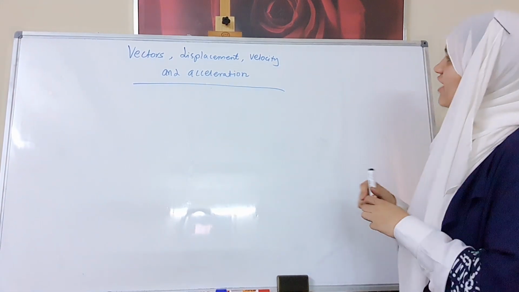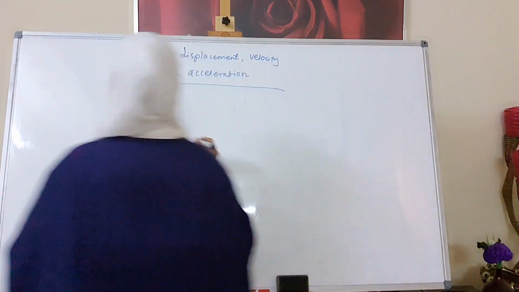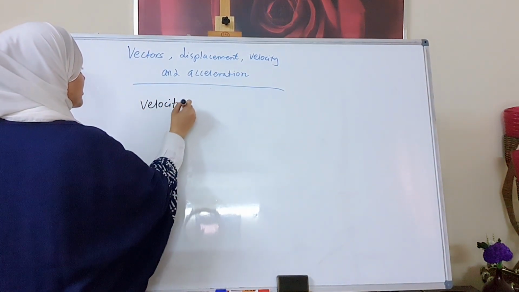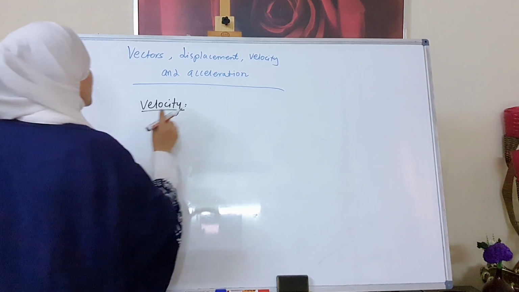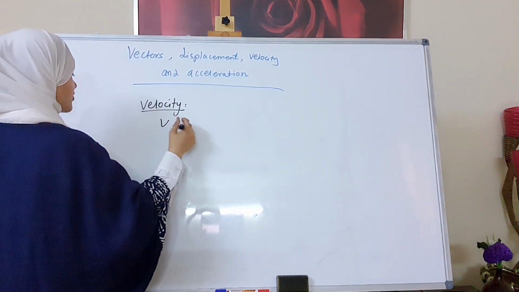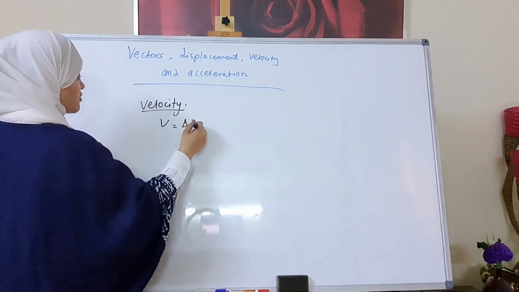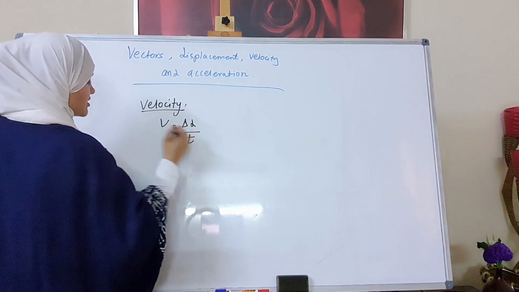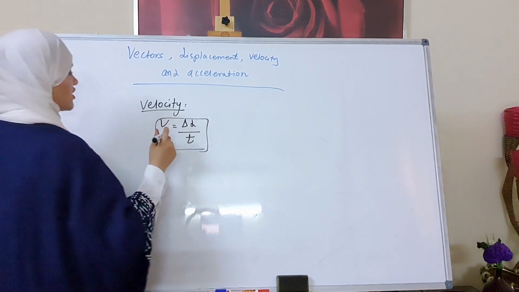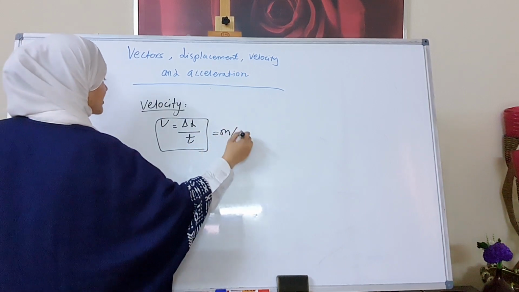So here we have velocity, which can be written as V, which is equal to the change of displacement over time, which gives meter per second.